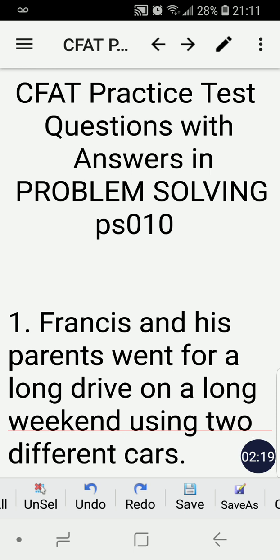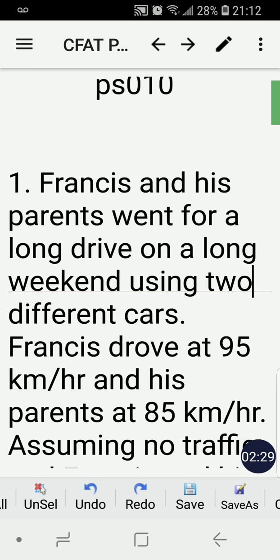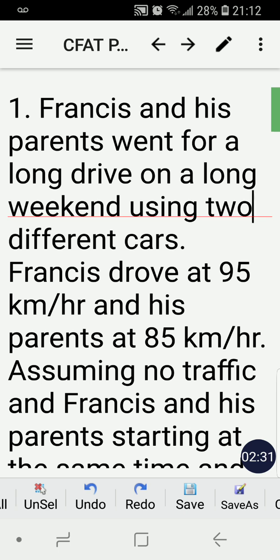Okay, so number one. Francis and his parents went for a long drive on a long weekend using two different cars. Francis drove at 95 kilometers per hour and his parents at 85 kilometers per hour.